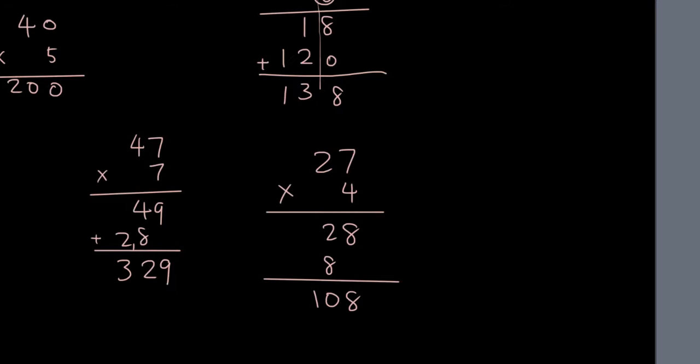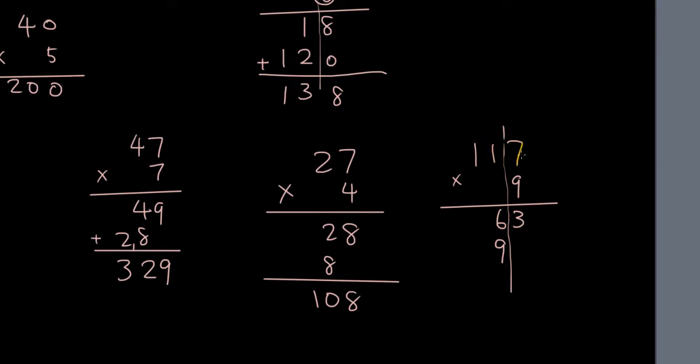Okay, let's try a bigger one. Let's try 117 times 9. So you go 9 times 7 is 63. Now you got 9 times 1 is 9, but you write that in the second column because we're now dealing with the tens.